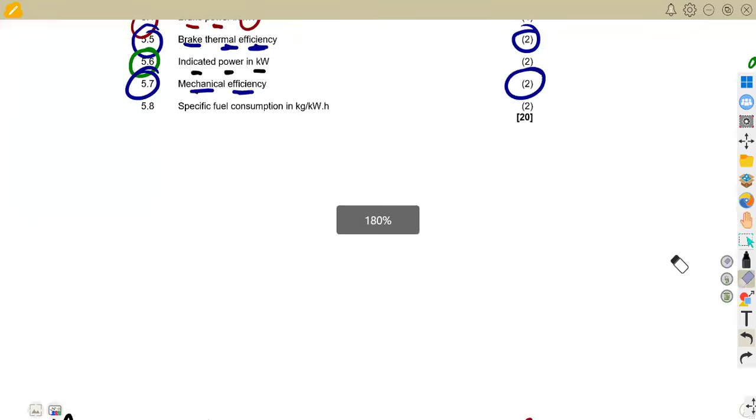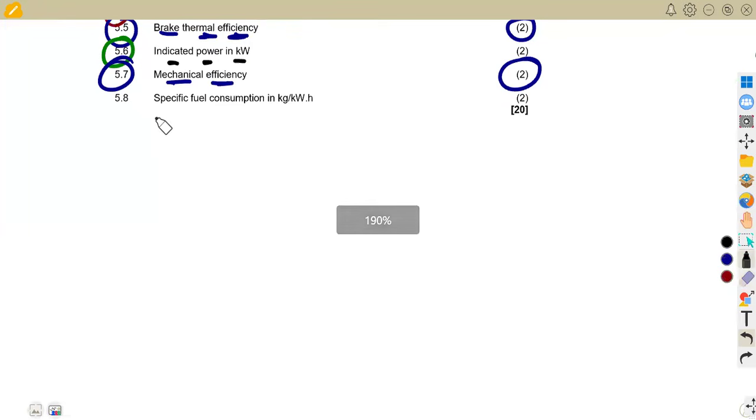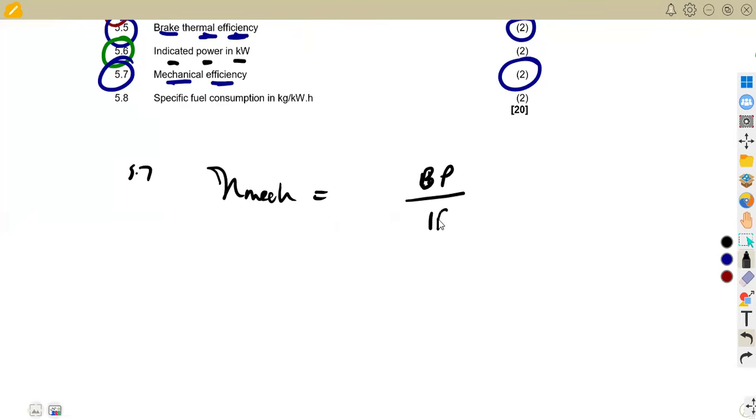All right, so that is our mechanical efficiency as we saw from our formula sheet. That is the brake power over the indicated power. You're going to use the brake power over the indicated power, then multiply by 100%. We have got everything here.